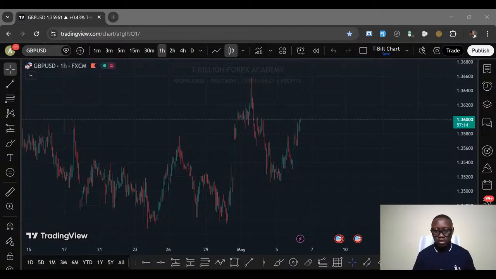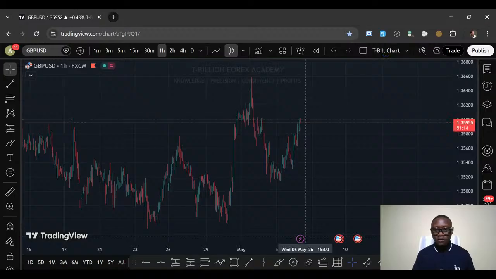Whether you're a newbie trader, an intermediate trader or a pro trader, stay with me, as everything we do here follows a clear top-down analysis process. We're going to start our analysis for today with GBPUSD.